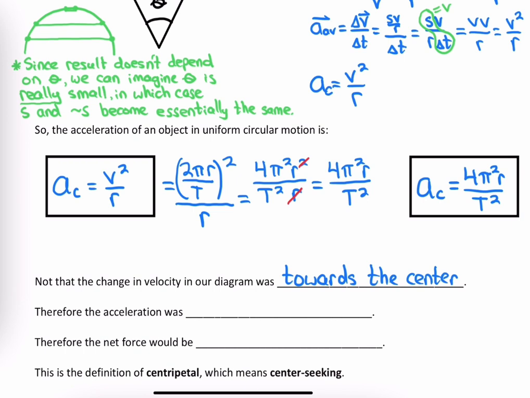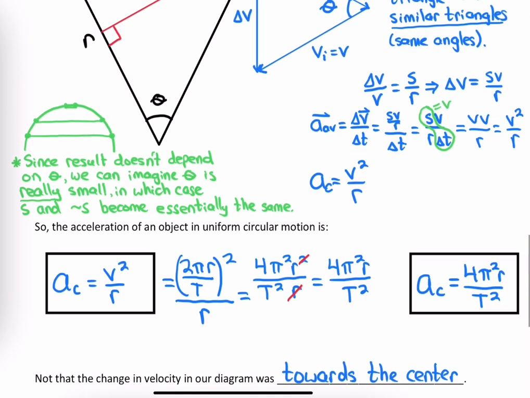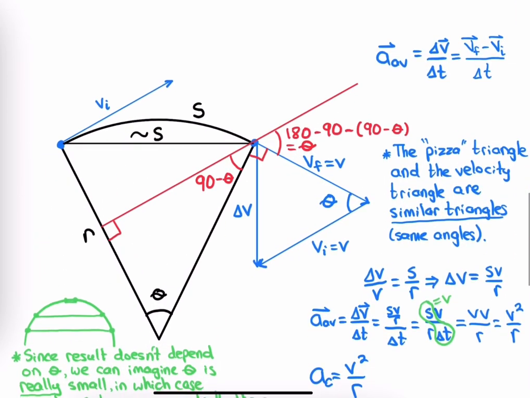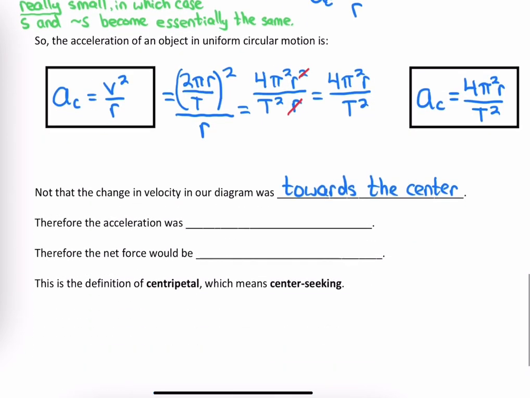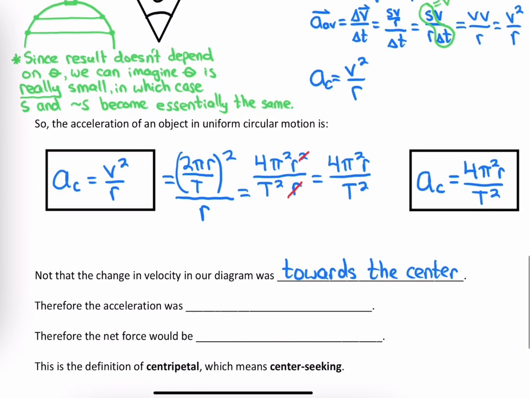Therefore, acceleration had to be towards the center as well. The reason for that is because acceleration is just the change in velocity divided by a scalar. So delta v and acceleration have the same direction. So when delta v is towards the center, acceleration is towards the center as well.